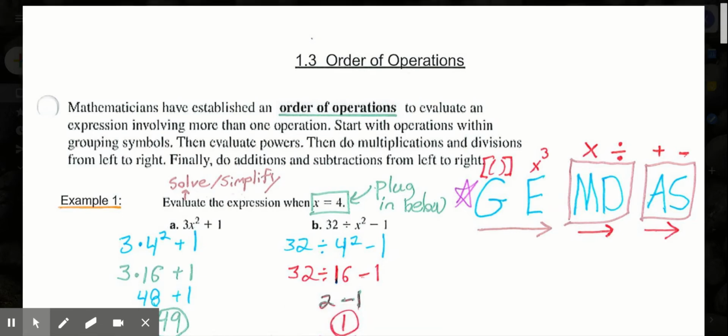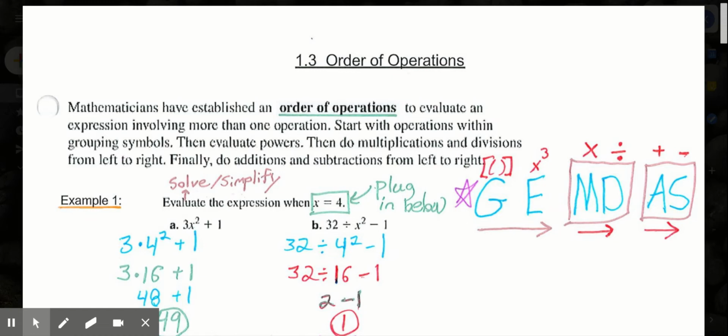So the first paragraph says, mathematicians have established an order of operations to evaluate an expression involving more than one operation. So again, operations are things like powers, multiplication, division, addition, subtraction. So if we have more than one operation, we follow the order of operations. Then it says you always start with operations in the grouping symbols.